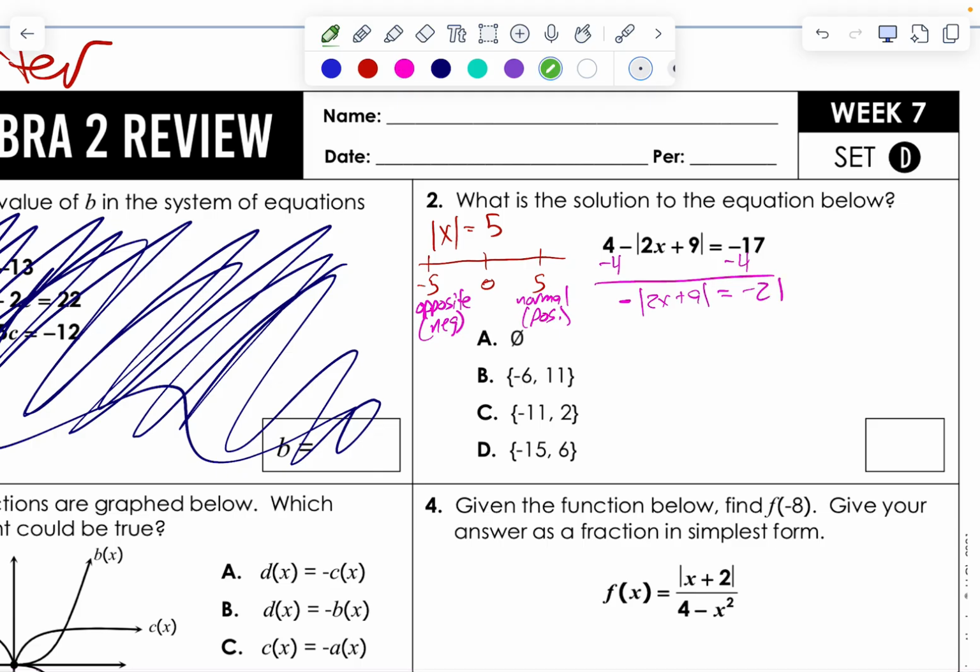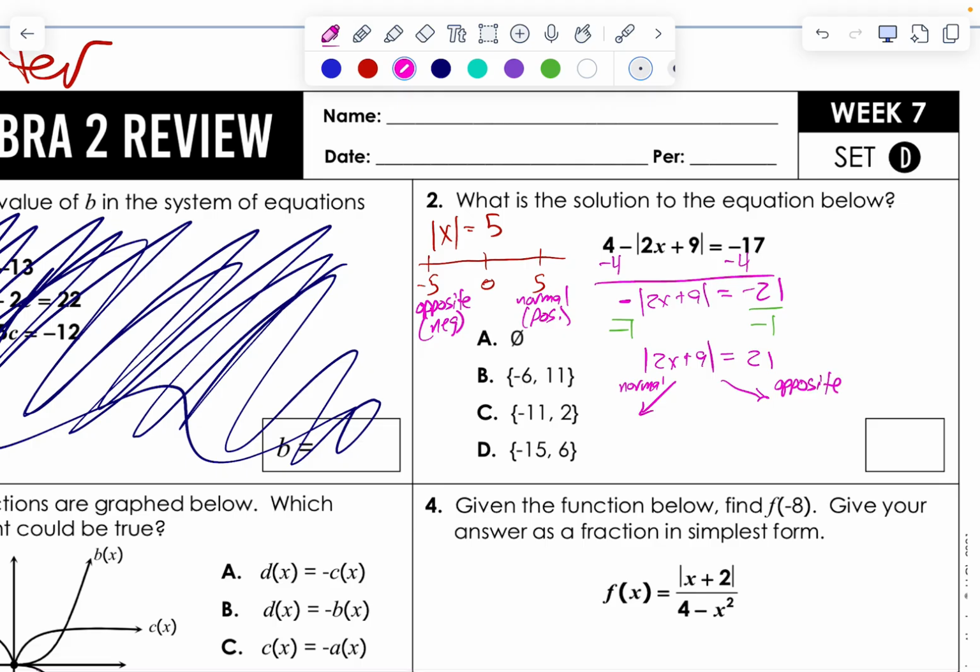Okay, but now we can divide it off to get rid of it. We can just divide by negative 1, and that gets rid of the negative on the left side. So we'll have 2x plus 9 in the absolute value equals 21. Okay, from there, this is where we split and consider both versions. I'll call it the normal and the negative or the opposite.